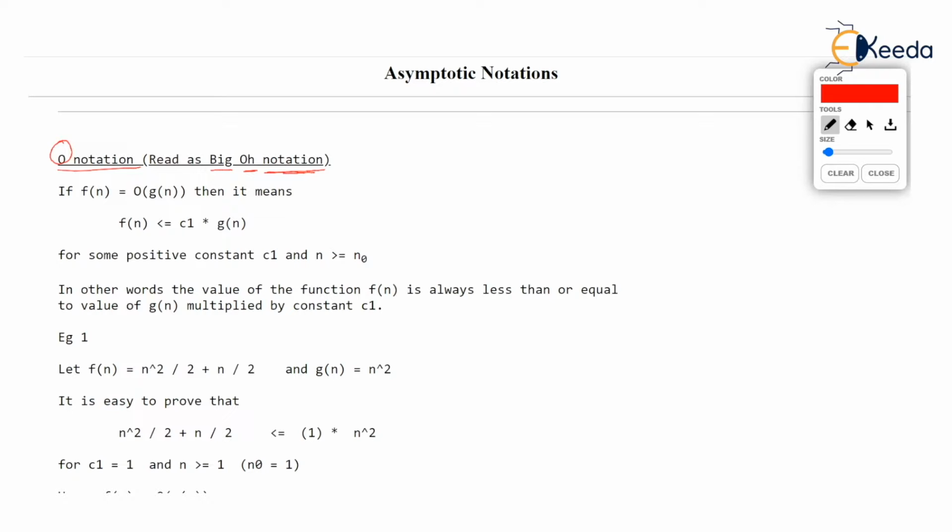Now, what is the meaning of this? Suppose if we say f(n) is equal to big O of g(n), where this f(n) and g(n) both are functions of n.